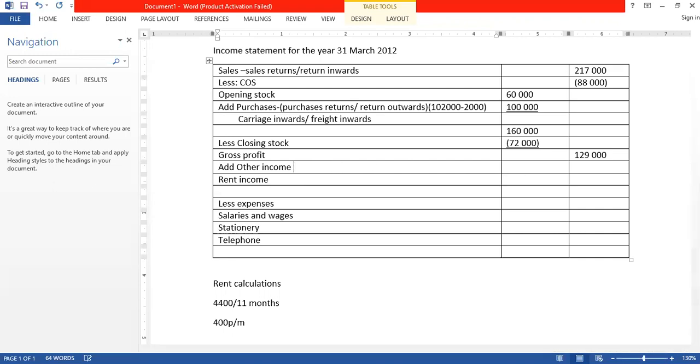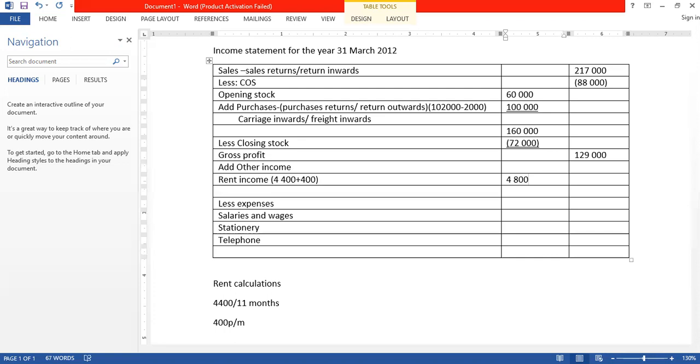So it's rent income, 4,400. You plus the 400, and then you get how much? 4,800. Okay.